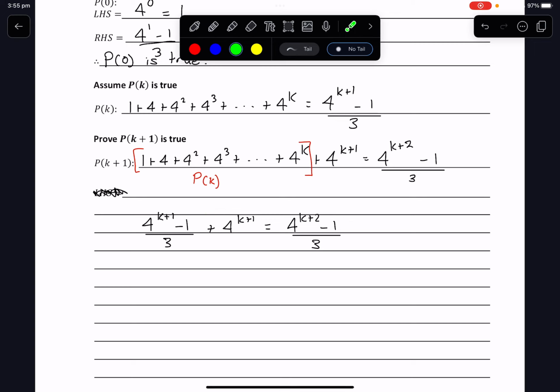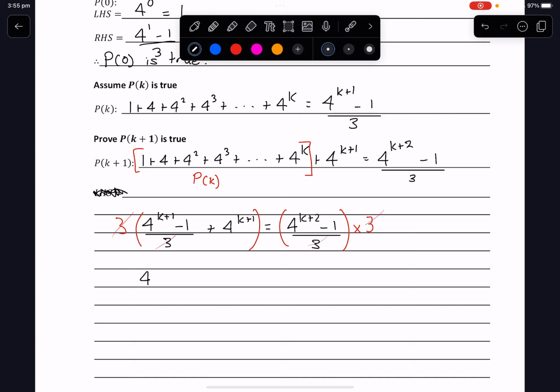Okay, so easiest thing to do is probably get rid of these divide by 3's, and I'm going to times everything by 3. So if I times this whole side by 3 and this whole side by 3, that 3 and that 3 cancel out, and that 3 and that 3 cancel out.